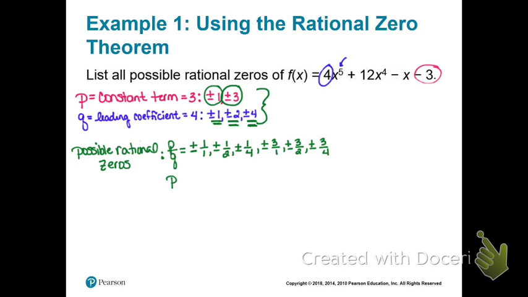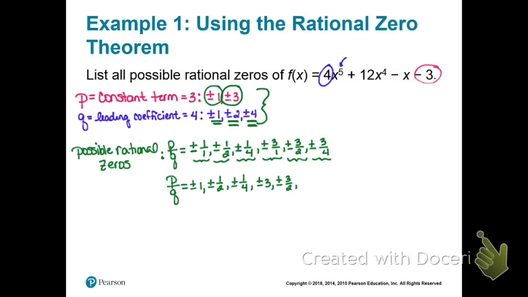So here is my list of possible rational zeros reduced. You're going to reduce your fractions, and if you have anything that repeats, you only have to put it there one time. So the first one, what's 1 over 1? 1. 1 over 2. 1/2, right? 1 over 4. 3 over 1. 3 over 2.